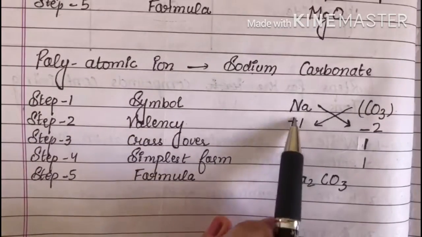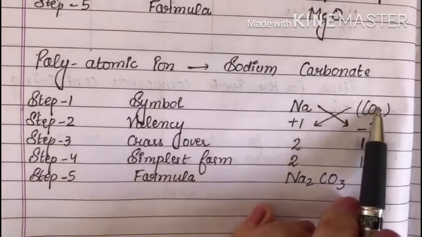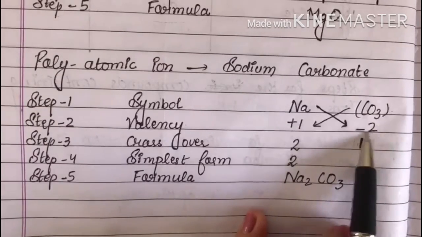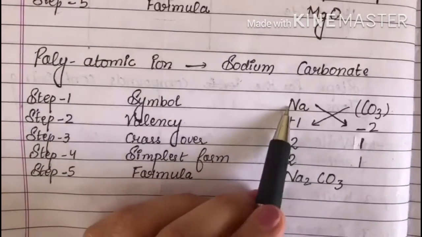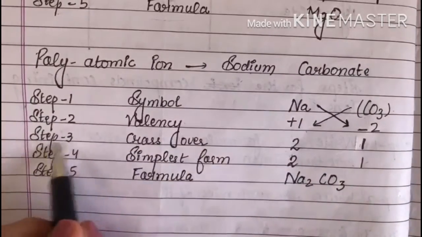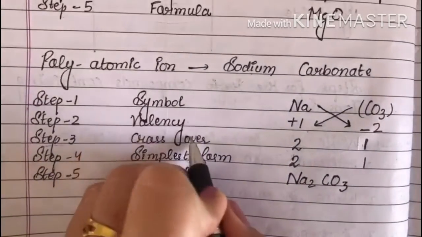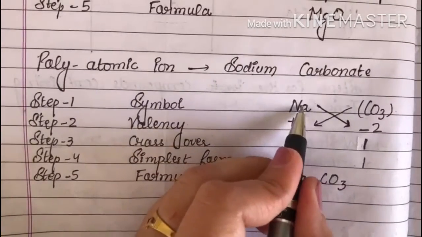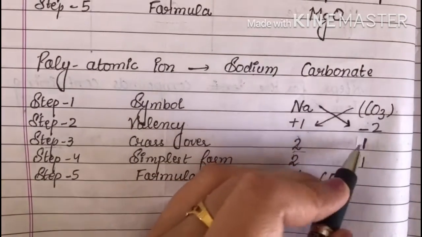Sodium has valency +1 and carbonate has valency -2. Then we have to cross over them. The third step is crossover. Here we cross over them: Na2 and CO3 1.